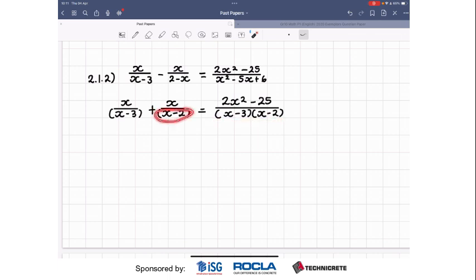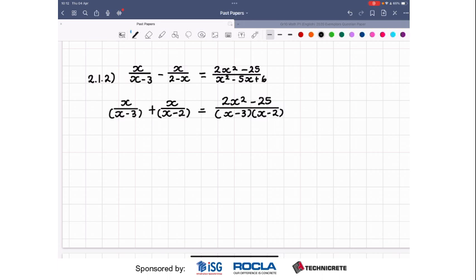So for this one to have the same denominator as this one, I need to multiply it by x minus 3. And for this one to have the same denominator as this one, I have to multiply it by x minus 2. And then this one has already got both of these in the denominator, so I don't have to multiply it by anything.